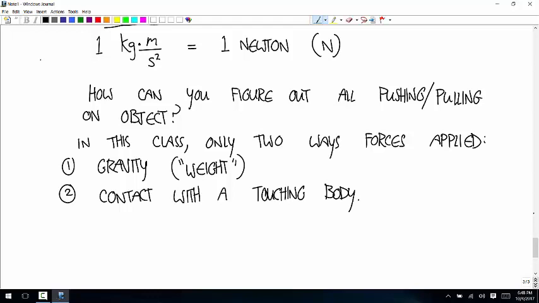So if you're trying to figure out all the forces acting on a thing, so let's say all the forces acting on this, whatever it is, there's a weight force pulling down on it, and now you're just looking for all the things that are touching its boundary.